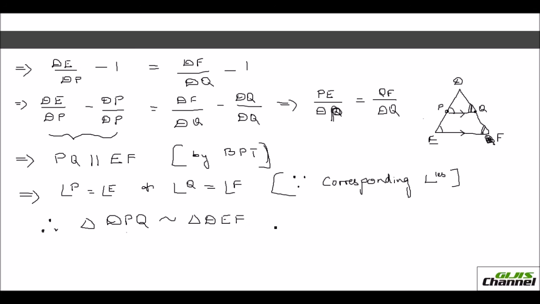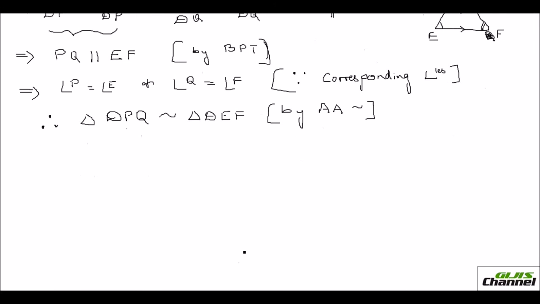So these two triangles are similar, and this is because of the angle postulate, okay? Since the two angles of the smaller triangle are equal to the two angles of the bigger triangle, I say that DPQ is similar to DEF. So now we are using all the theorems we have learned before.